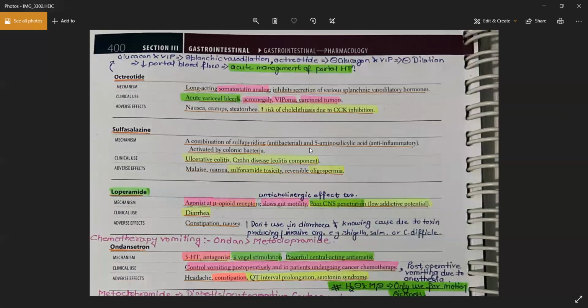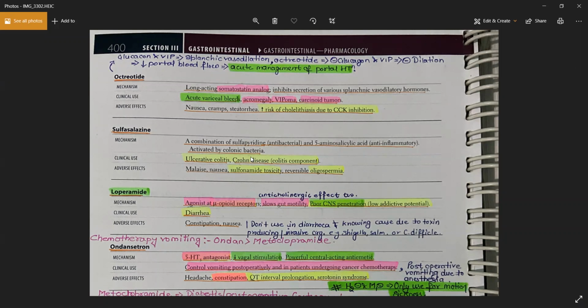Then there comes the octreotide, which is a somatostatin analog. We have discussed that many times. You will use that for acute variceal bleeding, for acromegaly, for VIPoma, for carcinoid tumors. Because somatostatin inhibits the CCK hormone also, if you give the patient octreotide therapy, then you can have gallbladder stasis, and for that the patient can have cholelithiasis.